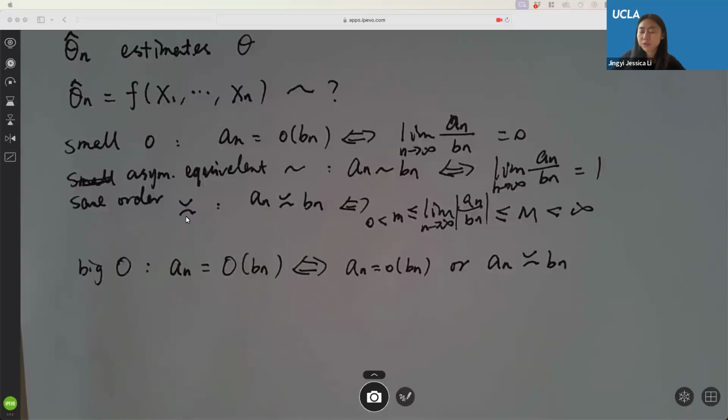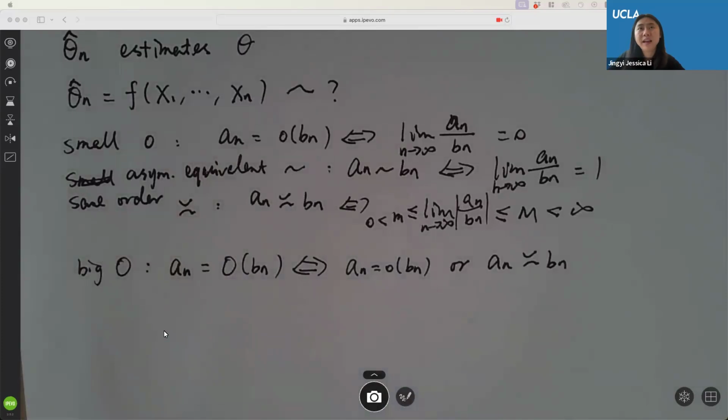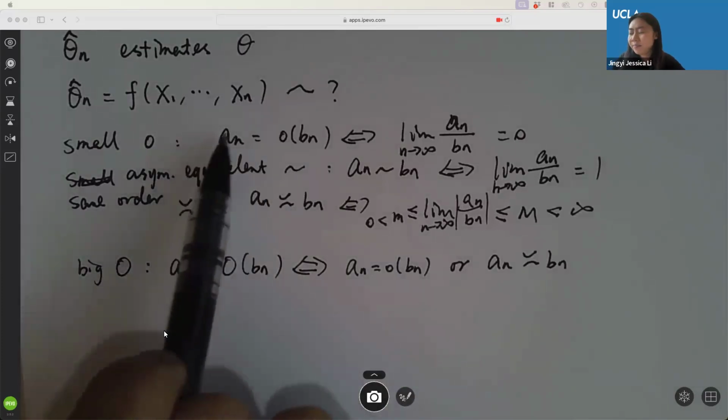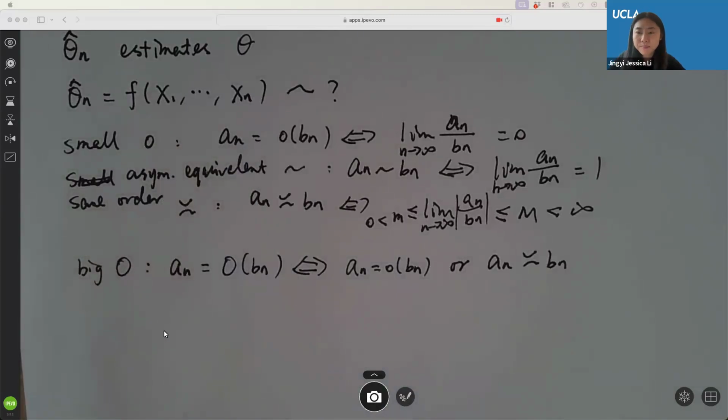The reason why we introduce these relations is because we can use them for some simple arguments. If we write an small o bn, it means that the terms in an are negligible compared to the terms in bn. Then maybe when n is large, we can just ignore an because they don't matter that much.